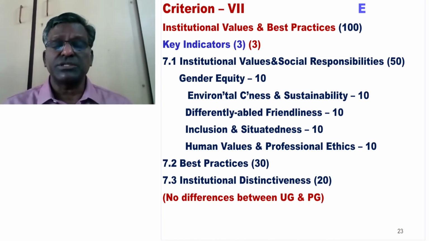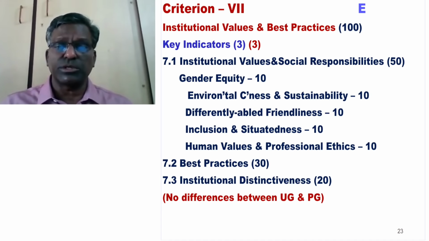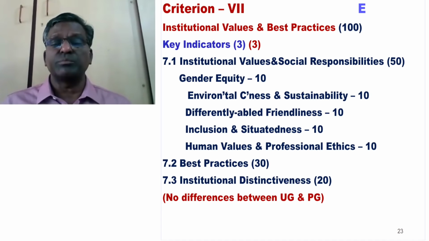The first is 7.1, institutional values and social responsibility. There are 5 components under this key indicator: gender equity, environmental consciousness and sustainability, differently able friendliness, inclusion and situatedness, human values and professional ethics. Then 7.2, best practices.